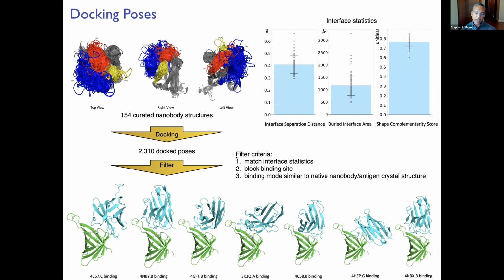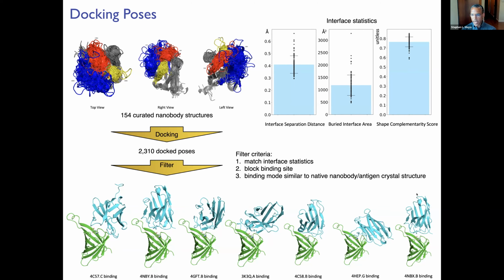Okay, so applying these 3 criteria led to 7 putative complexes that we could use as a scaffold. And you can see the streptavidin shown on the bottom in green, and the various nanobodies are shown in cyan, docking to the top, and you might be able to see the biotin small molecule structure in its binding site.